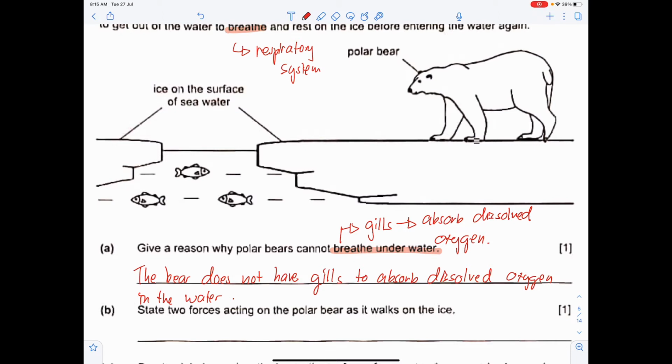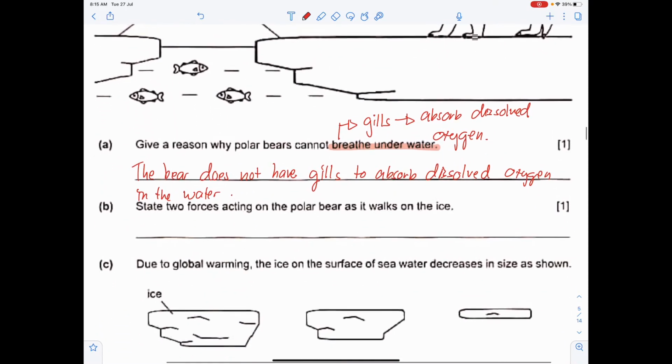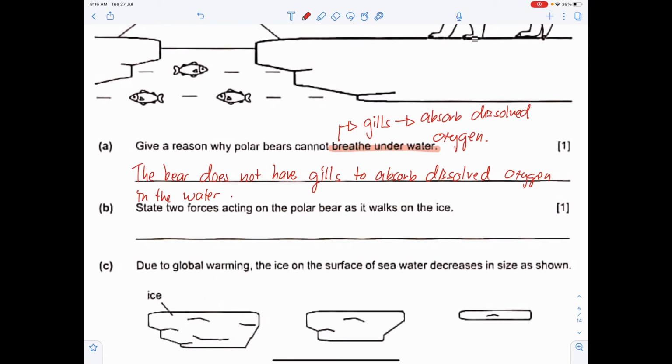Okay, state two forces acting on the bear as it walks on ice. This one is, once again, you need to be careful. Please, it's forces, not energy. There are people who tell me things like gravitational potential energy. Okay, this is a very common mistake.